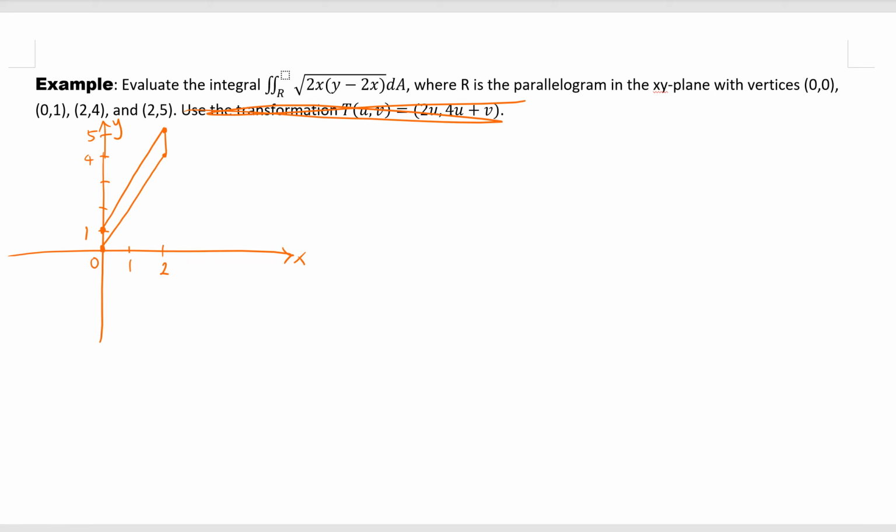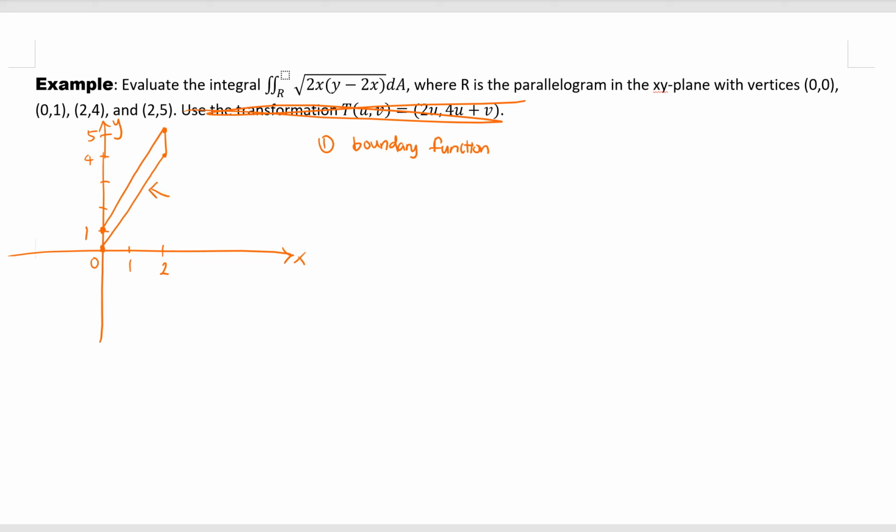So what are the boundary functions? First step, figure out the boundary functions. Because two points fix a line, all those segments we can represent using lines. Let's look at this one.